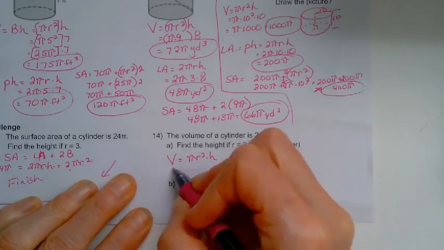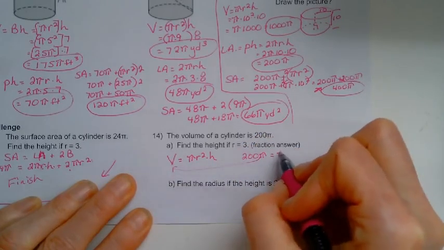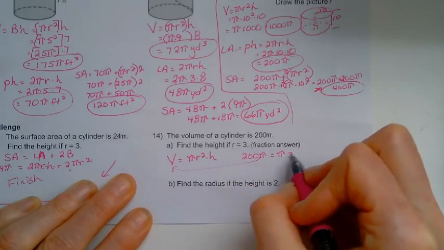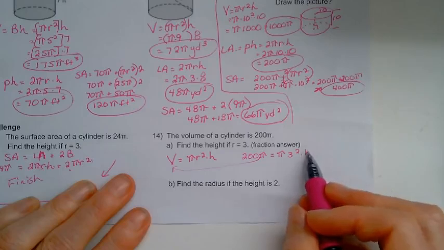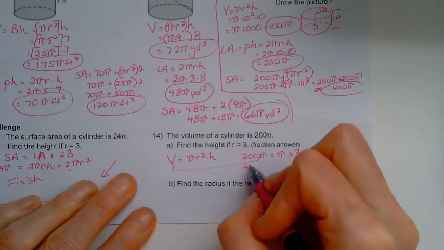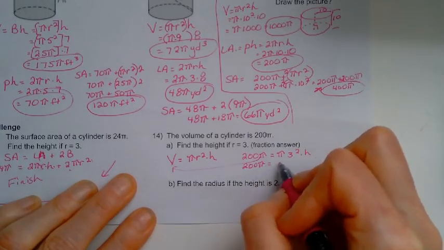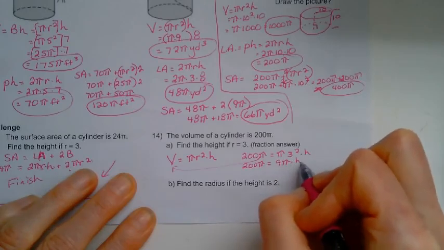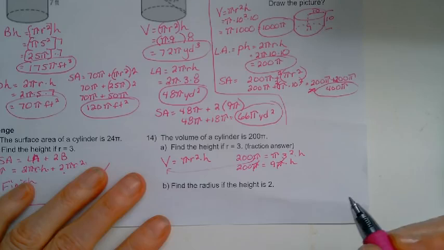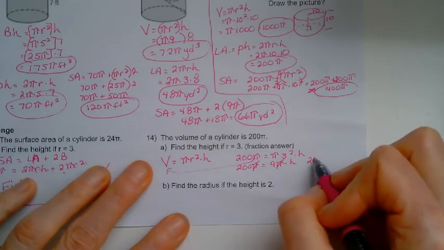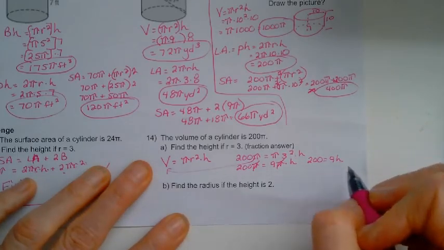Now we need to solve for h. Okay, so this is 200 pi equals 9 pi times h. I can divide both sides by pi and that gets rid of that. So I just end up with 200 equals 9 times h. And to solve for h, you just divide both sides by 9. And you get h equals 200 over 9. See? Fraction answer.